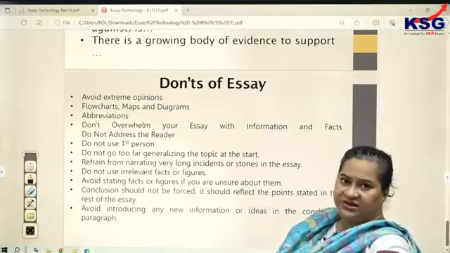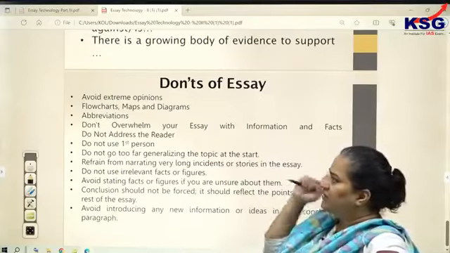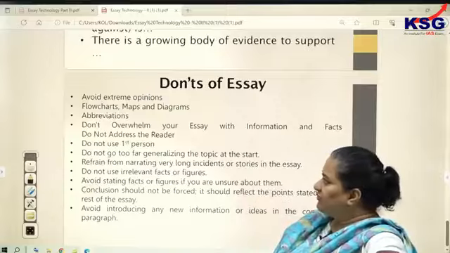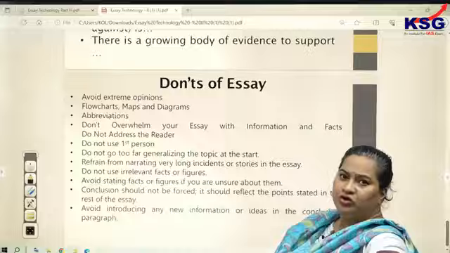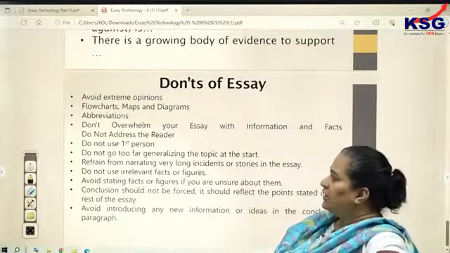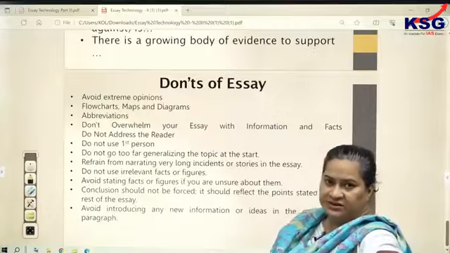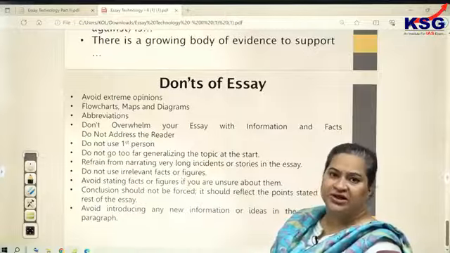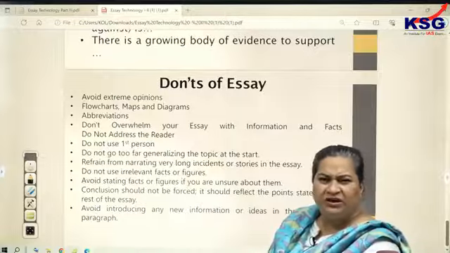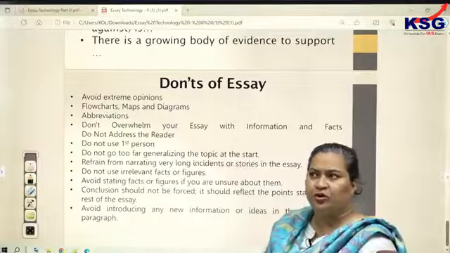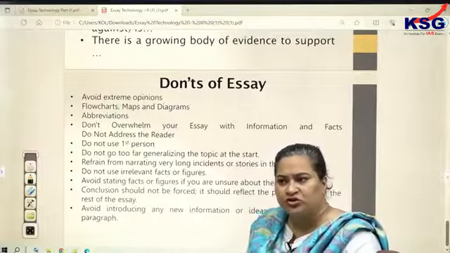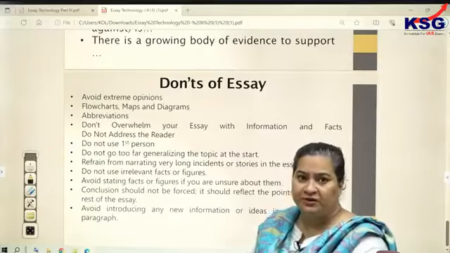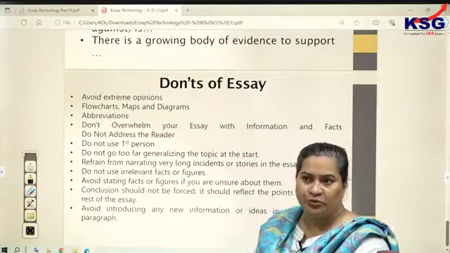Remember, any kind of essay that is being written is not a GS paper. If you're writing too many facts, for example, there is an essay on women empowerment, and you start writing all the women across history who have been successful, who have been quite effective in their contribution.